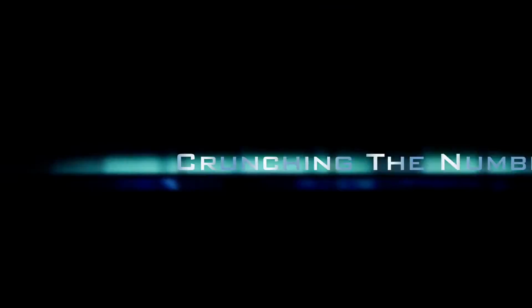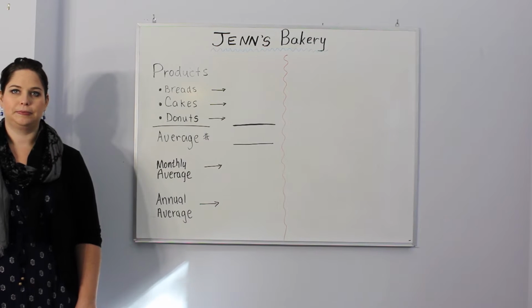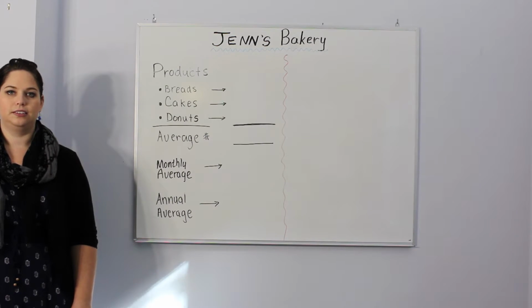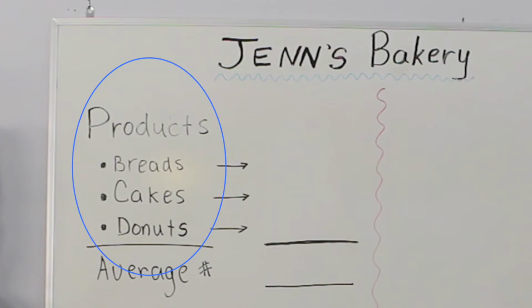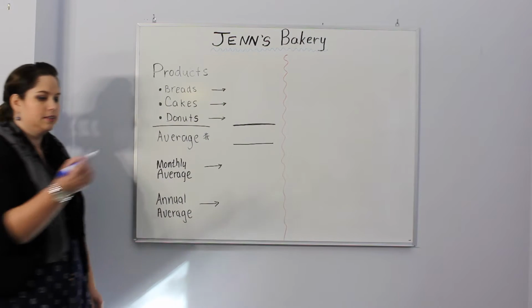Let's take a better look at this using our Jen's Bakery case study. Let's crunch the numbers. Basically, Jen's Bakery sells 3 types of products. Jen has established price points for each of these.